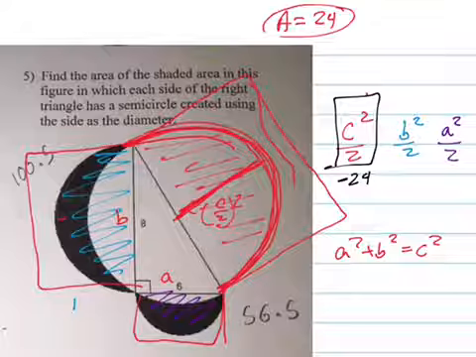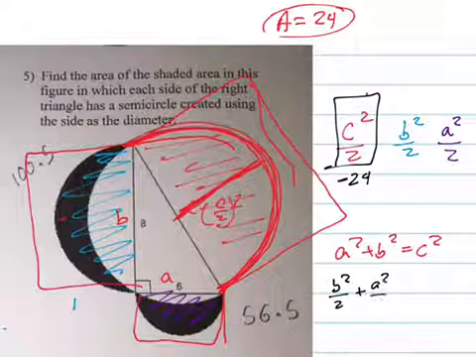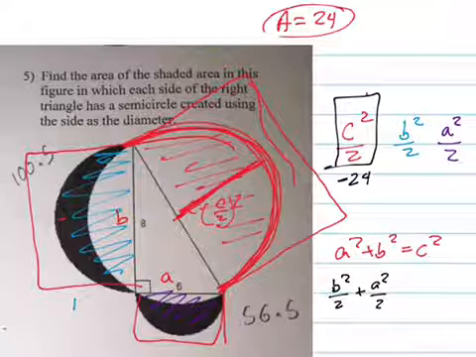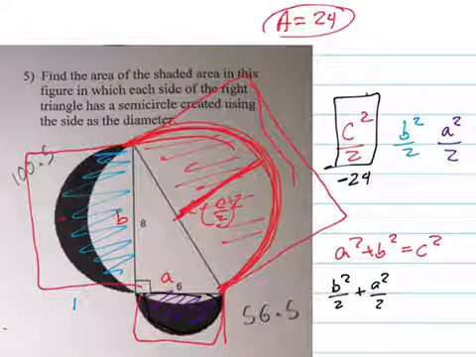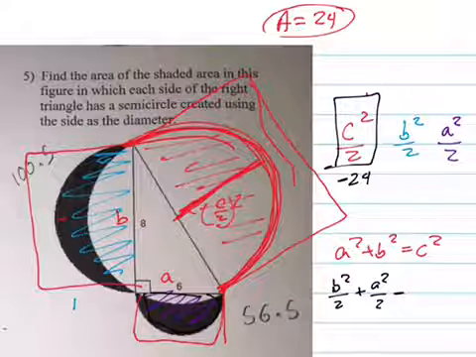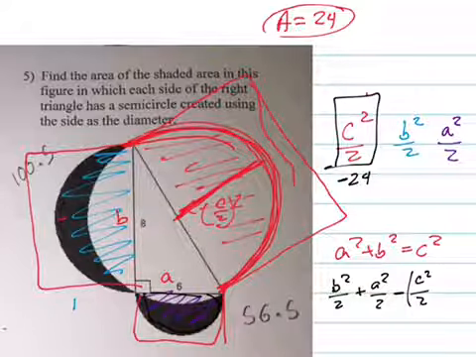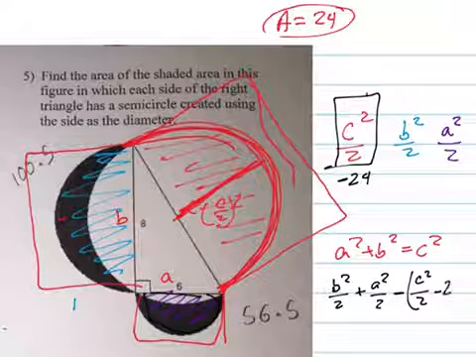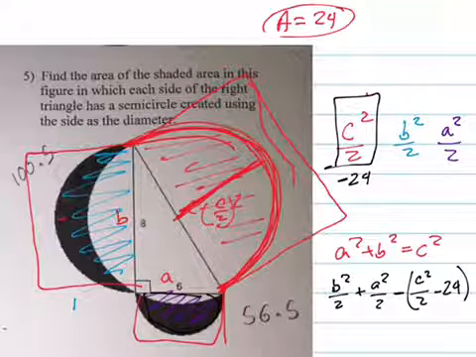So I'm basically taking B squared over 2 plus A squared over 2. That's these two things, right? But then I'm subtracting out the purple, I'm subtracting out the red thing except for 24, except for the area of the triangle.